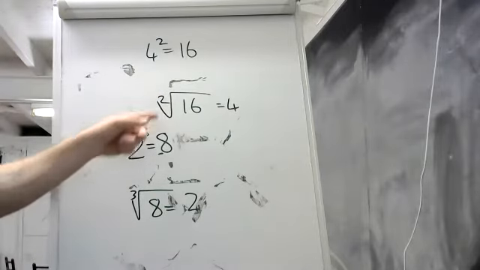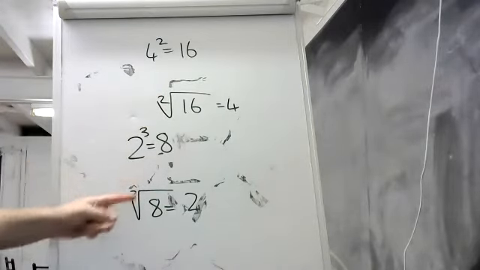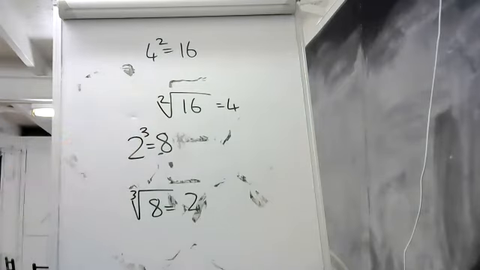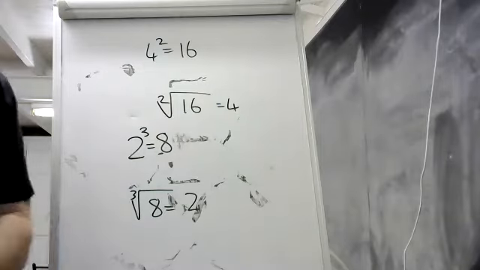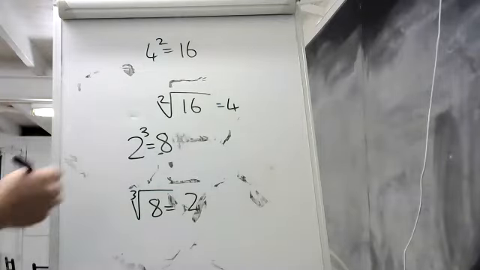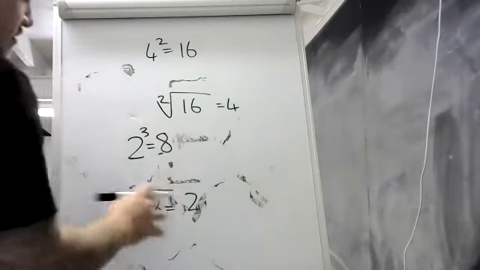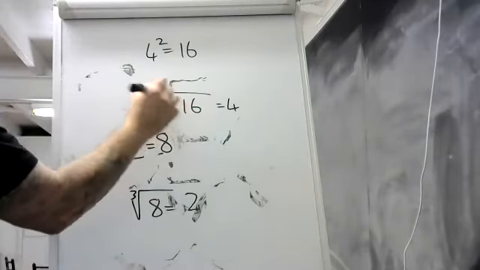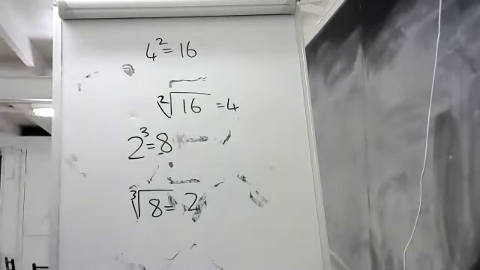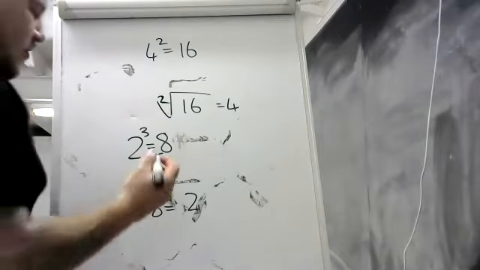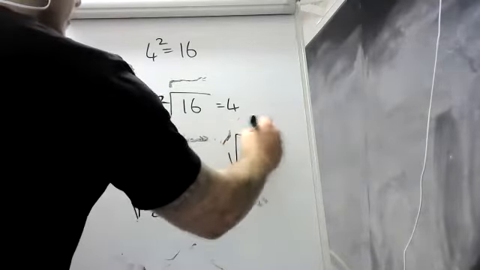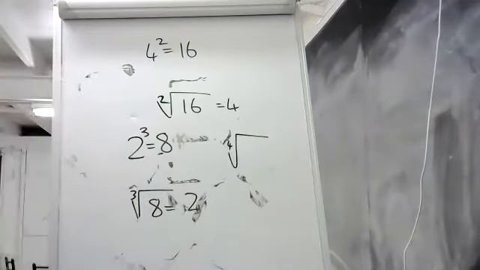And the reason we put the numbers here is because that tells us if it's a square root, cube root, 4, 5, 6, 7, 8, 9, up to infinity. So you have to make clear when you're writing. If it's a square root, you've got a 2. If it's a cube root, a 3. If we've got a 4th root, shock horror, we will put a 4 there. So on and so forth.